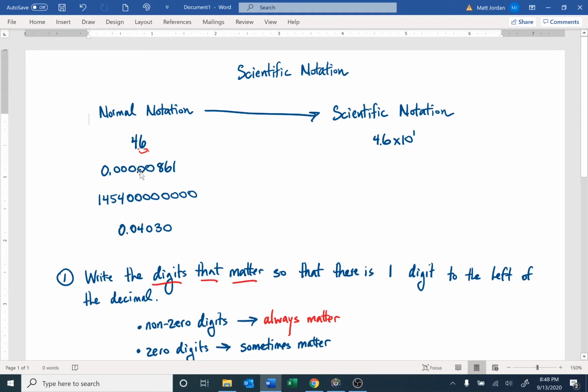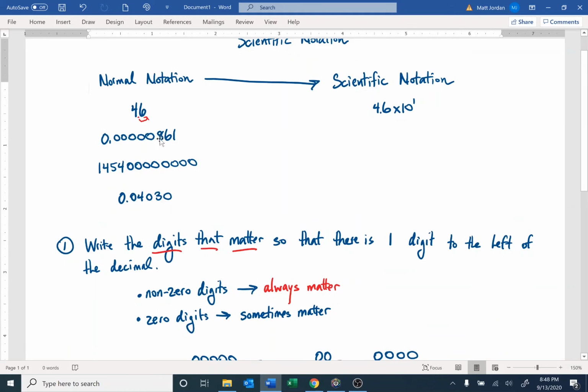All right, let's come down here and do the same thing. I see 8, 6, and 1. Those are non-zero, so I'm going to write 8, 6, and 1. And now I need to figure out what about these zeros here. Well, these zeros are on the left of this number, so they are all left zeros.